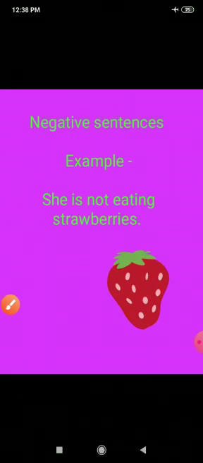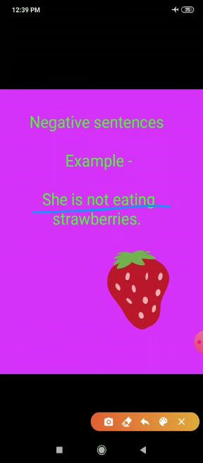What about negative sentence? A negative sentence such as she's not eating strawberries is an example of present continuous tense. This is a negative sentence. She is not eating strawberries. How to make the present continuous negative?